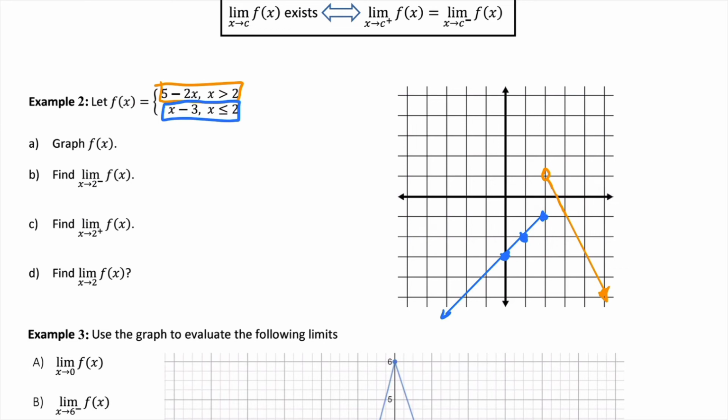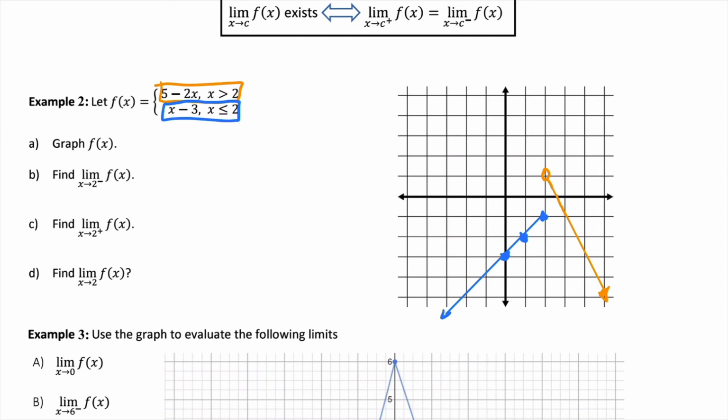Okay? That's what the graph looks like. When x is greater than 2, it's orange. When x is less than or equal to 2, it's blue. So okay, that's step A.